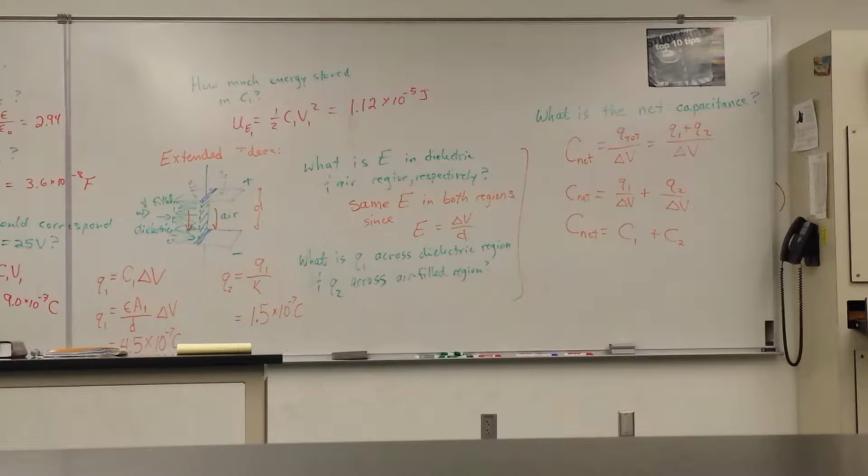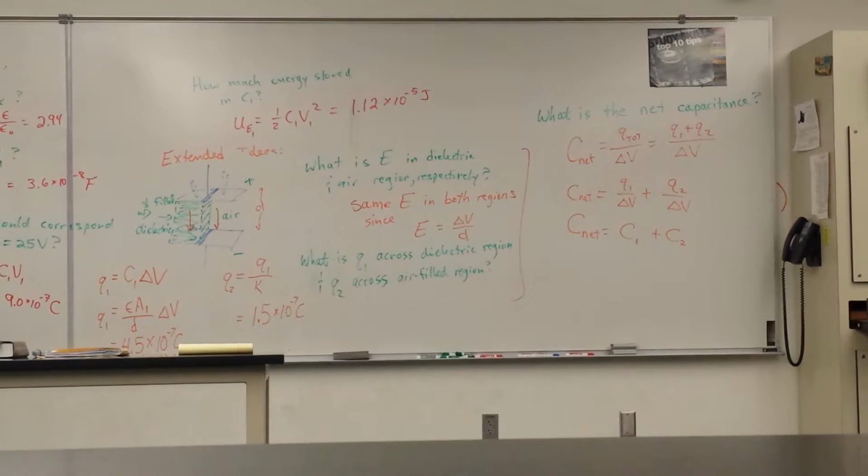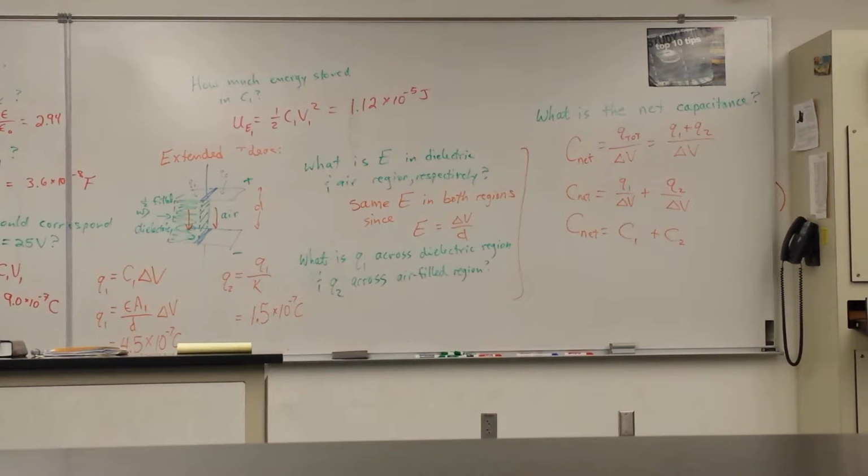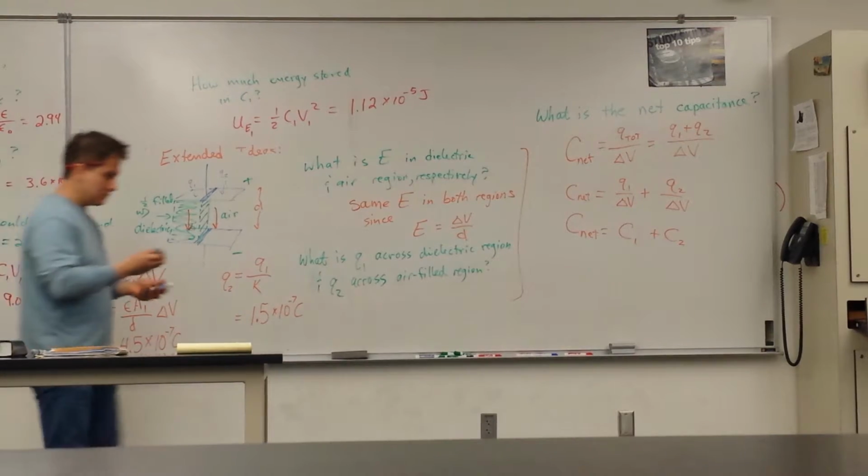You'll get the calculation equation in your engineering class. I'm going to show you where it comes from, why this works the way it does. So we never actually calculated the net charge.